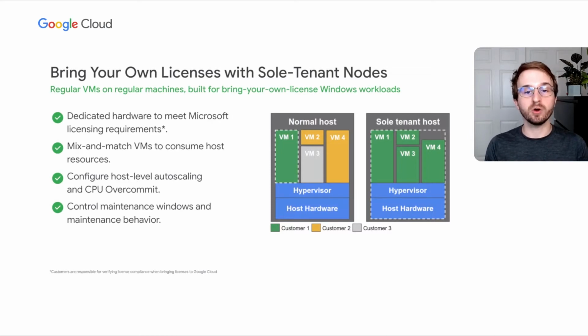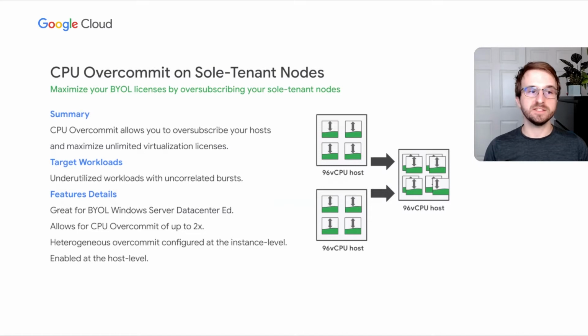It's a dedicated hardware offering from Google Cloud that's been designed for bring your own license Windows Server workloads. Now, one way it's been designed for Windows Server workloads is with CPU overcommit. You're probably familiar with this from using it in an on-premises environment.